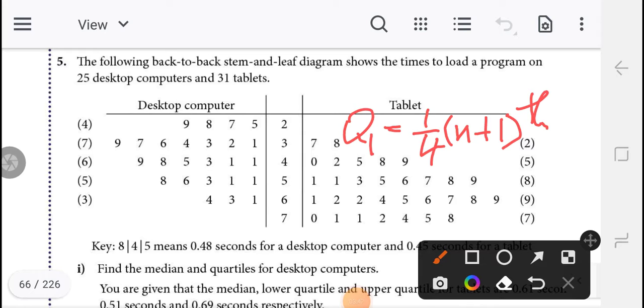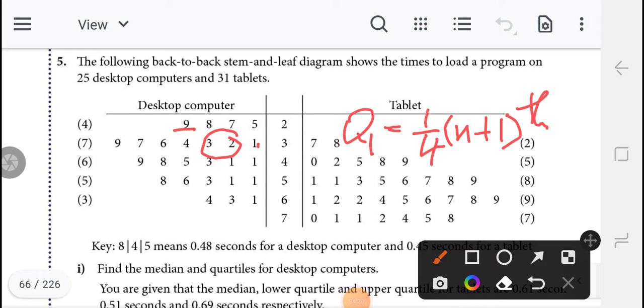So we want to look for the number that is in the 6.5th position. This is the fourth number, and we have 5, 6. The number in the 6.5th position is between these two numbers here.